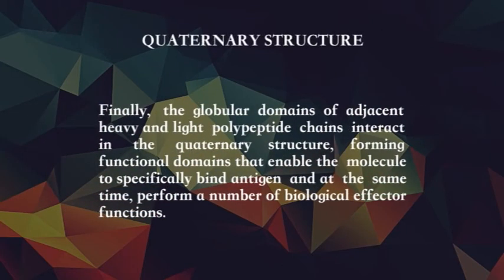And finally, the globular domains of the adjacent heavy and light polypeptide chains interact in the quaternary structure, forming functional domains that enable the molecule to specifically bind antigen and at the same time perform a number of biological effector functions.